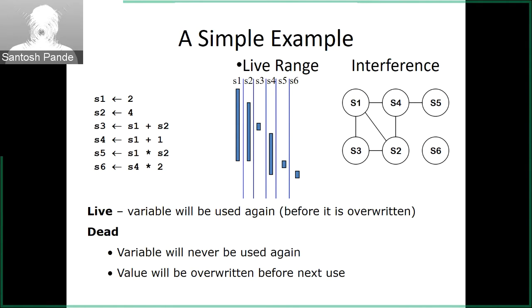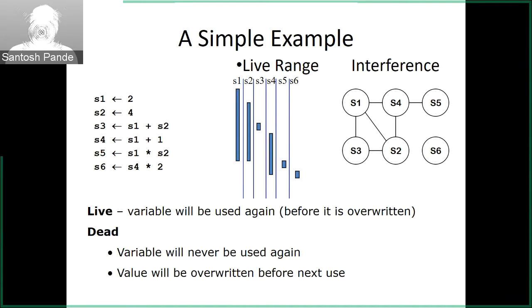So what we had covered was what exactly is a live range and what exactly is an interference graph. The live range is a range which has endpoints. It starts with definitions of the values, like in this case in a basic block it's a single definition, but across basic blocks there could be multiple definitions.